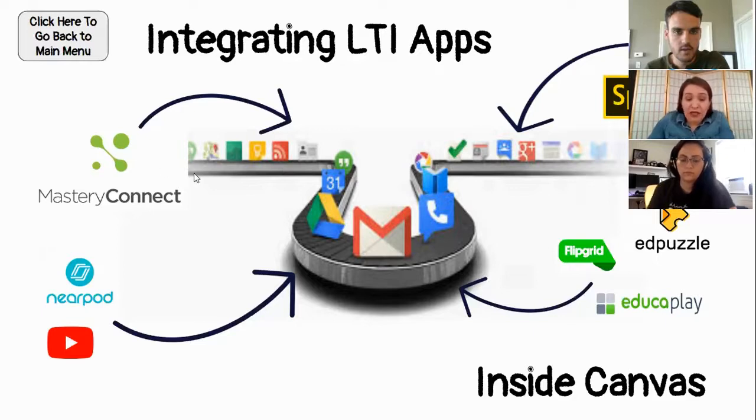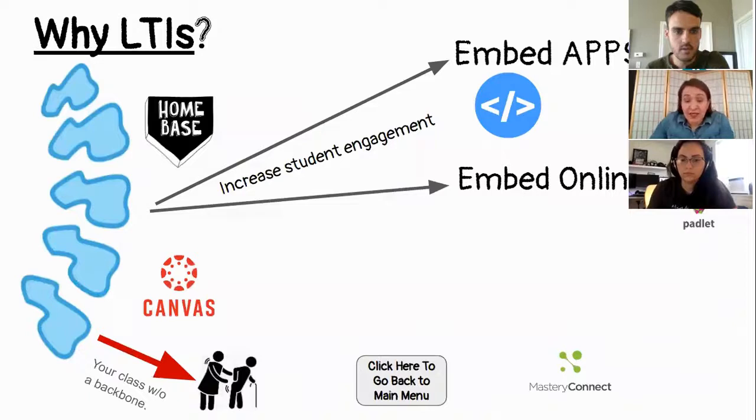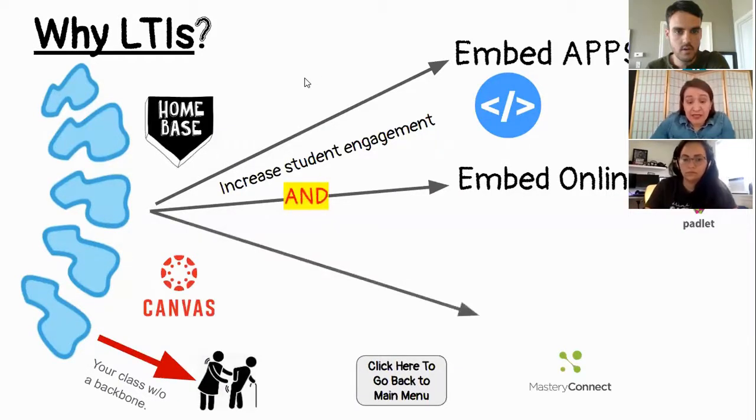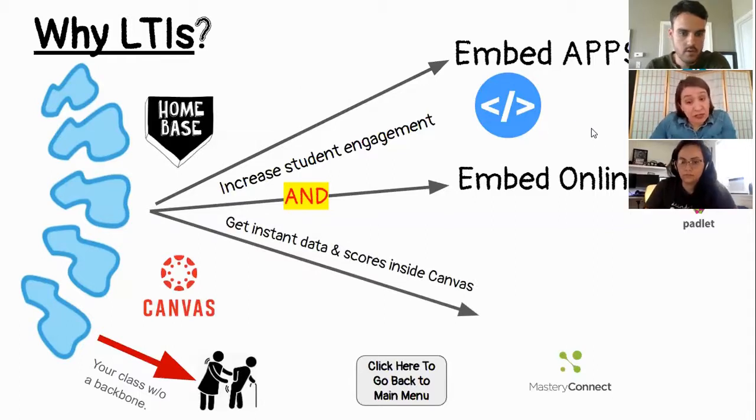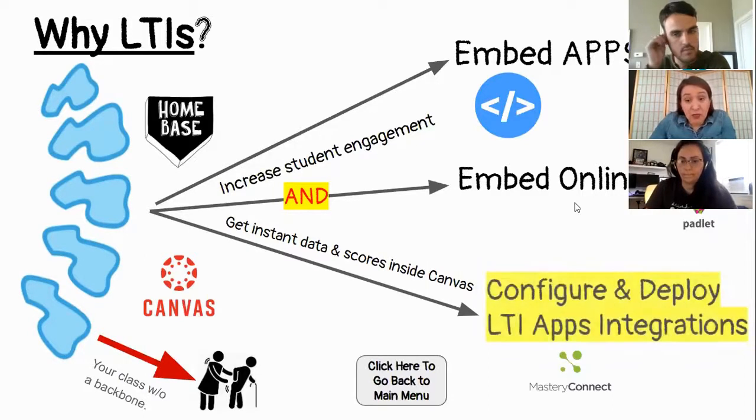You will not only add more engagement to your course, but also you will be able to get the immediate data, grades, and scores of the students. They will be able to see it, you will be able to see it, and they will be stored in your Canvas gradebook.